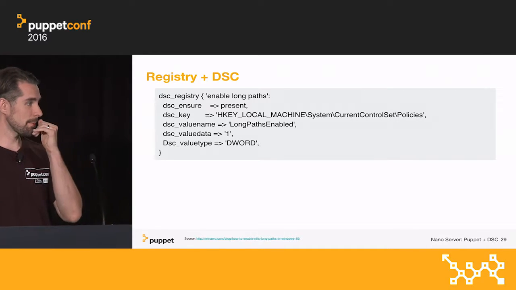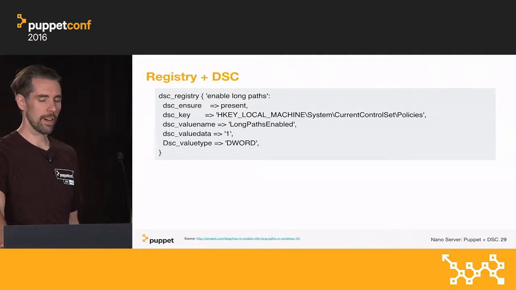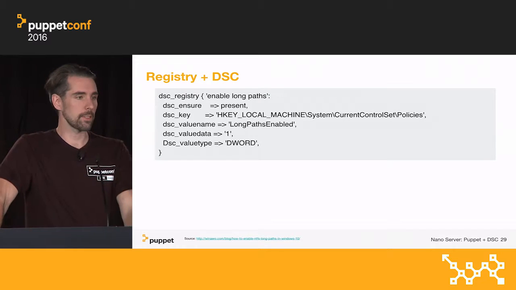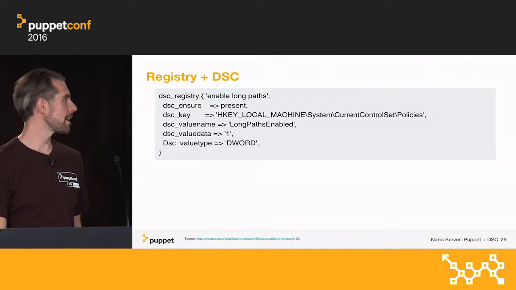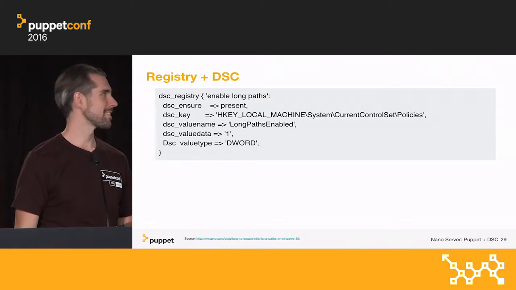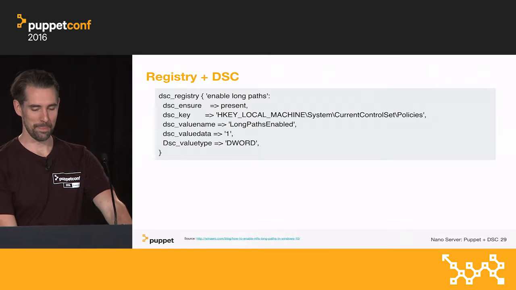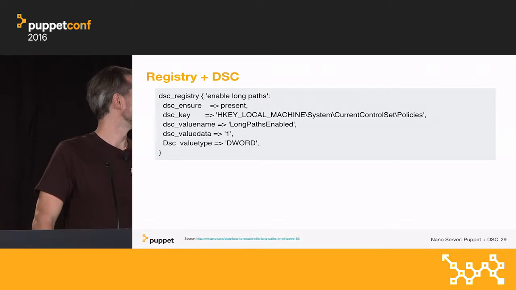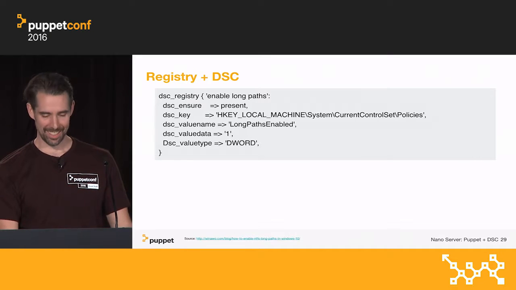I think some of the work on developing Puppet is going to be rewriting some of those resources to work with Nano Server, either through Win32 APIs or possibly through DSC resources. I like this one as an example because long file paths have been a bane. And this is a very simple way to fix that I found out from Joey.